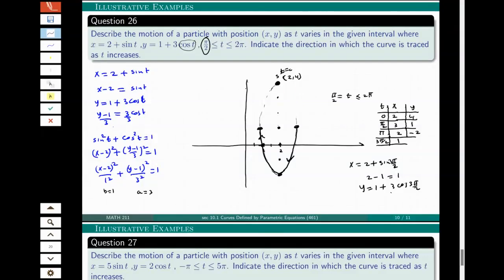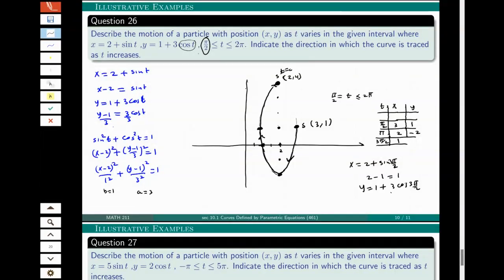Our start is here, which is at 3 and 1, because our interval is starting not from 0 but from pi over 2, and of course it will end up at 2 pi at this point.